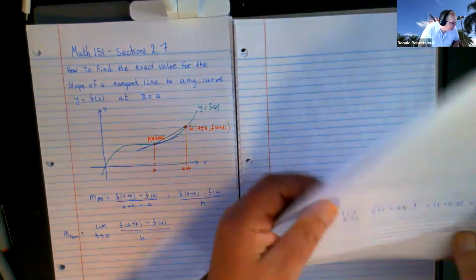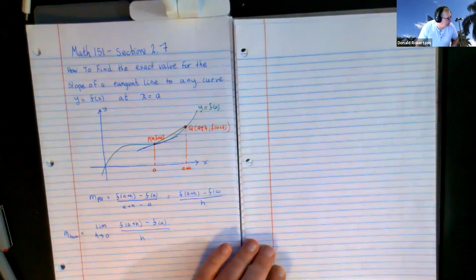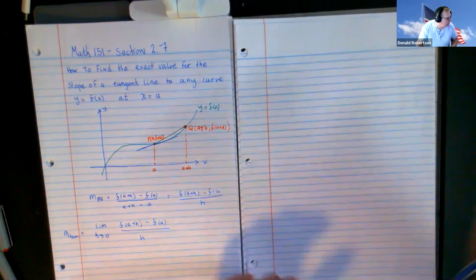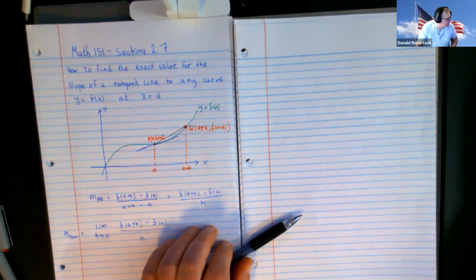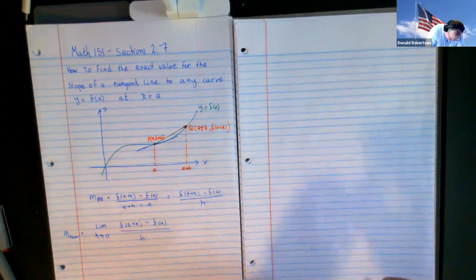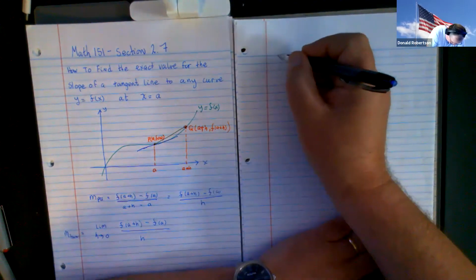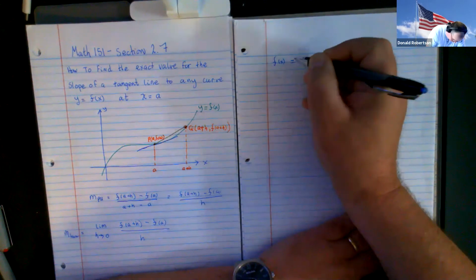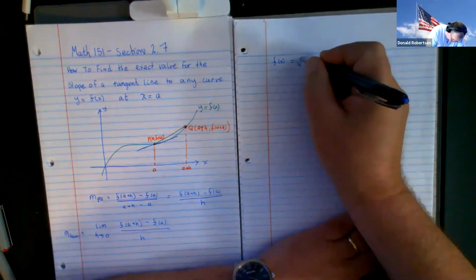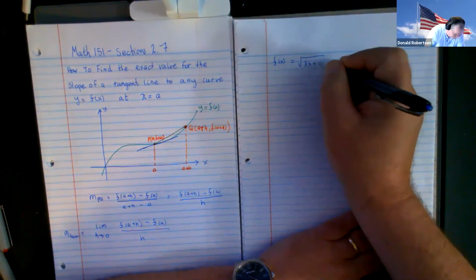Next guy I'm going to do is going to be, if I can find it, if not, I'll make one up, a radical. So the function that we're going to find the slope of the tangent line for is going to be the square root of 3x add 4.